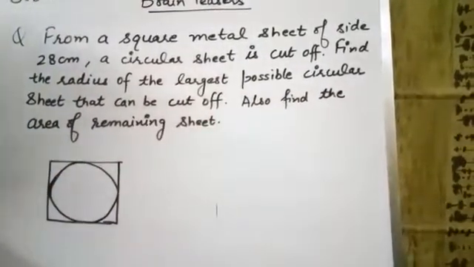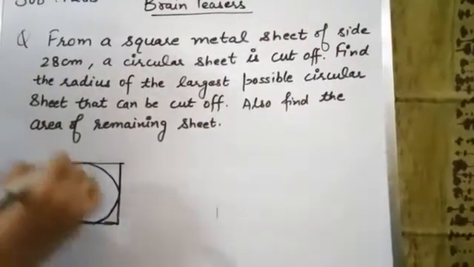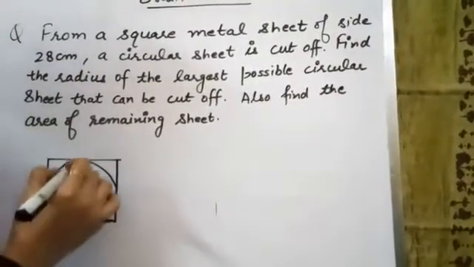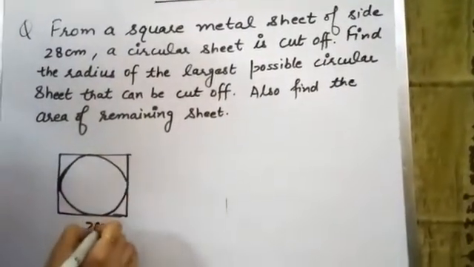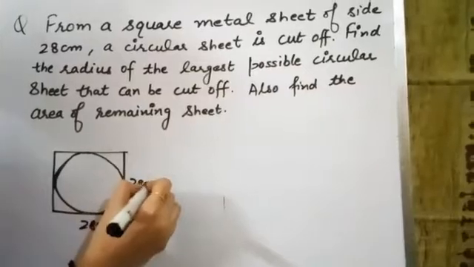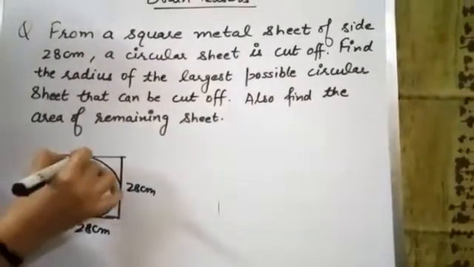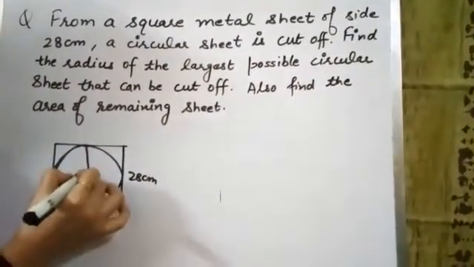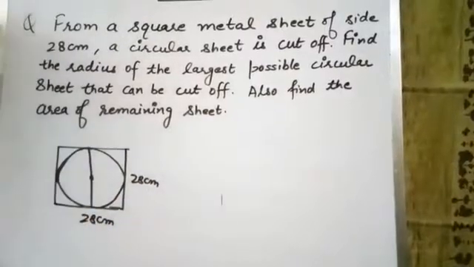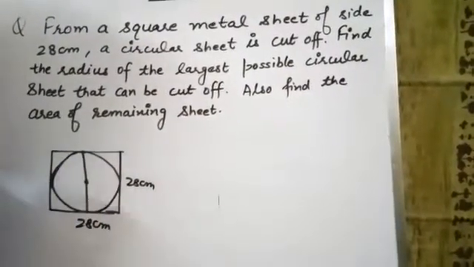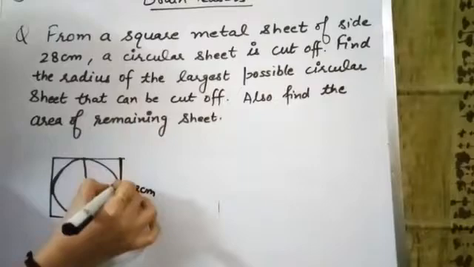Now we have to find the radius of the largest possible circular sheet. See, this is 28 centimeter. This is also 28 centimeter. It is a square. Now, what is this of the circle called? This is diameter, and that is equal to the side of the square sheet.